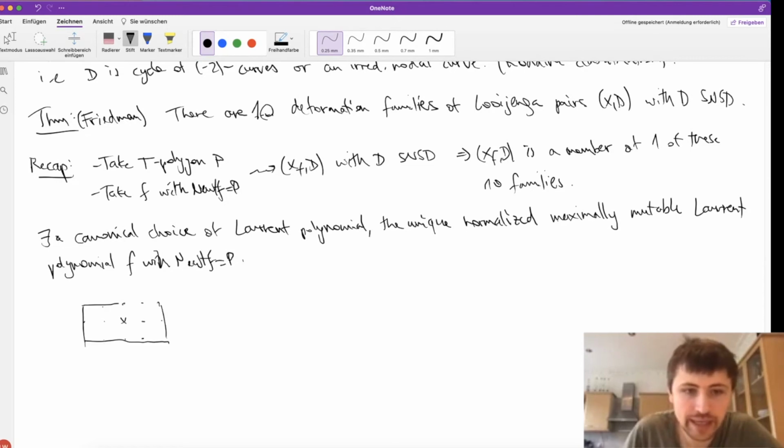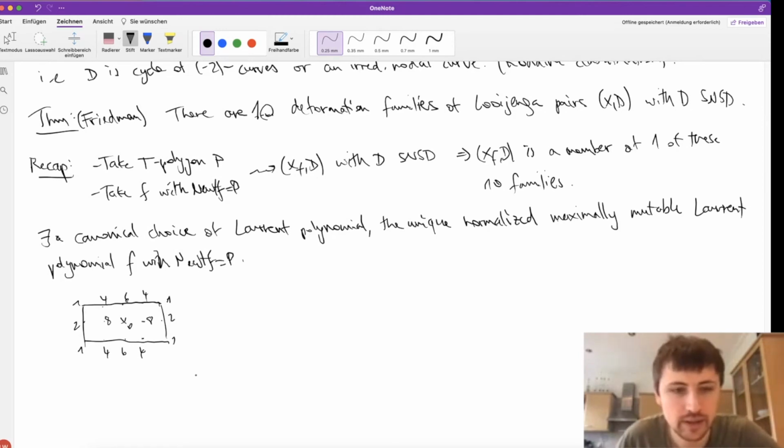So if you've been to any Fano search talks, then you might have heard these words. And sort of the coefficients you have to assign to your Laurent polynomial are binomial coefficients along the edges. 0 at the origin, and it turns out here you have to put 8 for this Laurent polynomial. And if I draw the 0 locus of F, it looks as follows.